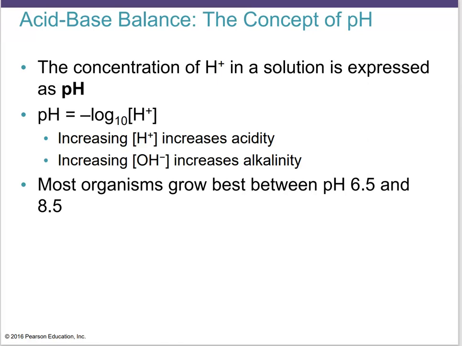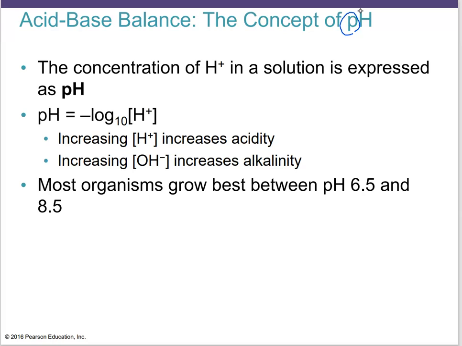the pH, the P comes from the logarithm, from the Latin word for potentia. So it's the exponent of the hydrogen ion concentration. And so basically the idea is this.